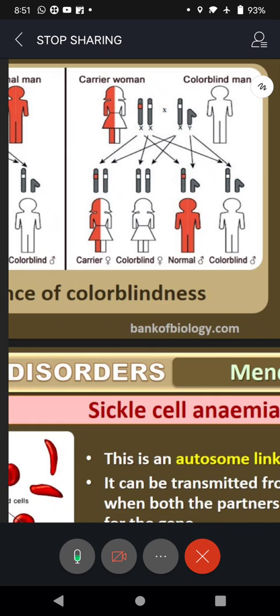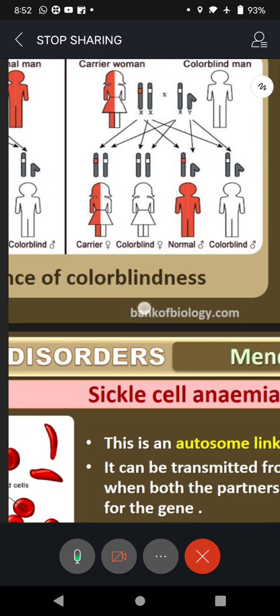That means the girl becomes colorblind only when her XX is double recessive. Isn't it? Look at that. Contribution from the X chromosome of the mother, because she has got that lethal gene in that. And since the father is colorblind already, that means he has already got that recessive gene. So the X chromosome from father and the X chromosome from mother, having the lethal genes, are coming to the girl.